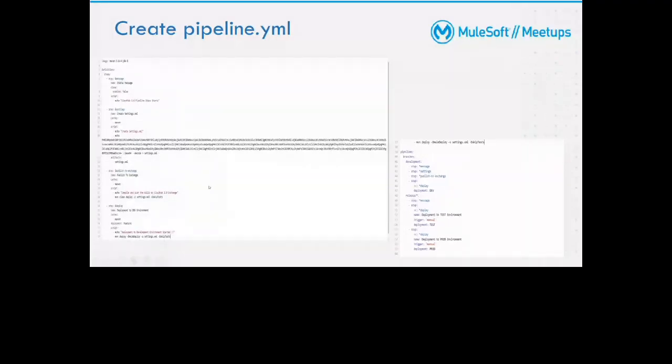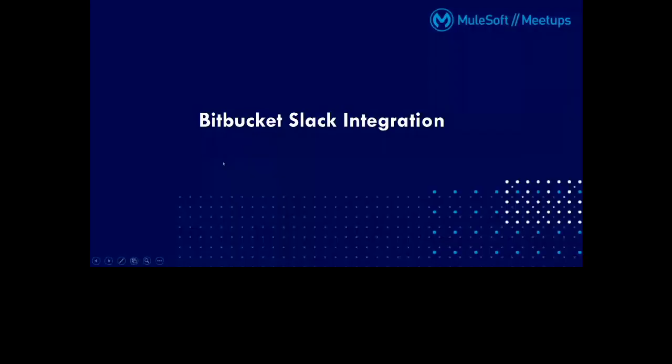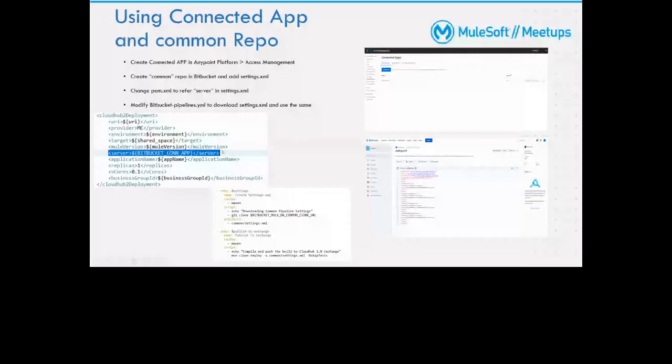But there is another way we can do it, by creating a common repository in Bitbucket and keeping your settings.xml in that common repository. From that common repository you can use it in your pipeline.